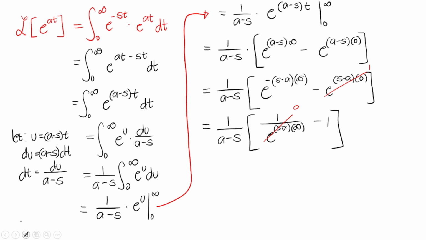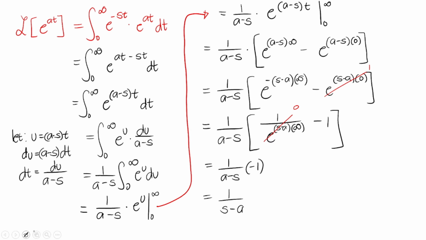So, from here, we will have 1 over a minus s times negative 1. And applying this negative sign dito sa fraction na to, pwede nating gawing 1 over s minus a. Magpapalit lang ng sign yung dalawa kasi ipapasok natin yung negative sign doon sa denominator. Okay?